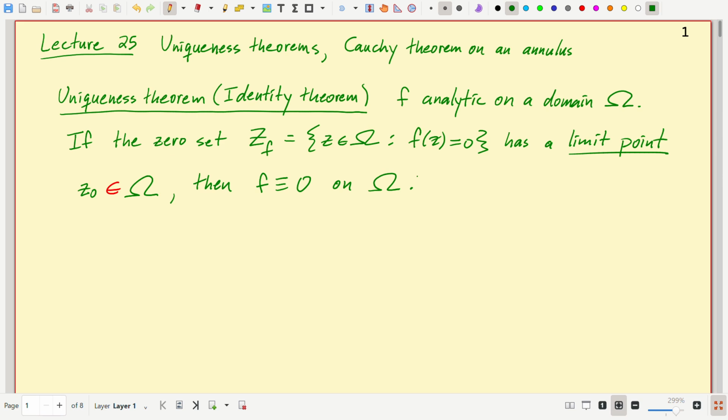Let's see, I guess I should show you an example of the zero set piling up at a boundary point. So an example of, say, sine 1 over z, where I could take my omega to be the whole complex plane minus the origin.